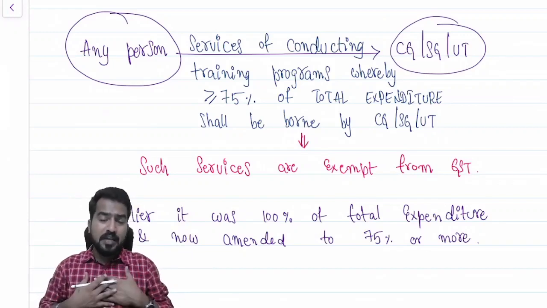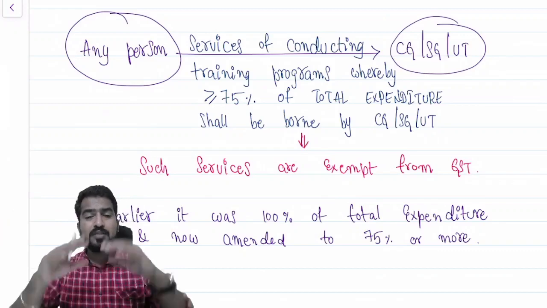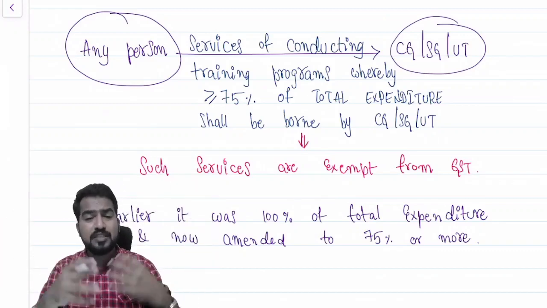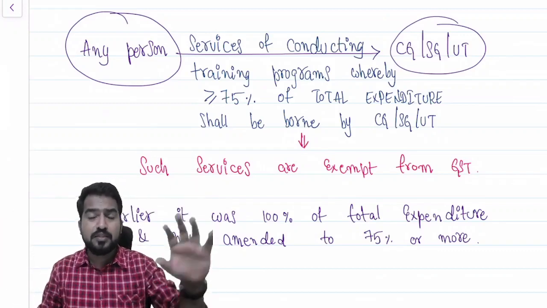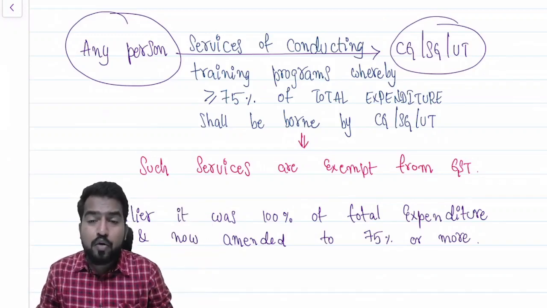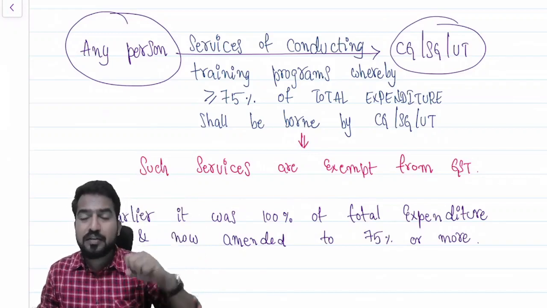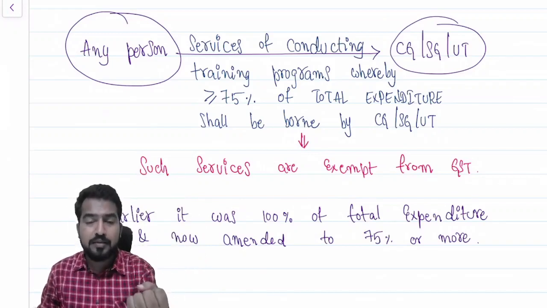That means, for example, I am the training partner who is providing some training programs on giving some awareness on GST or giving some certification programs on GST to the students or graduates, where the central government or state government or union territory is paying me. It means the expenditure for the training program is borne by the government.